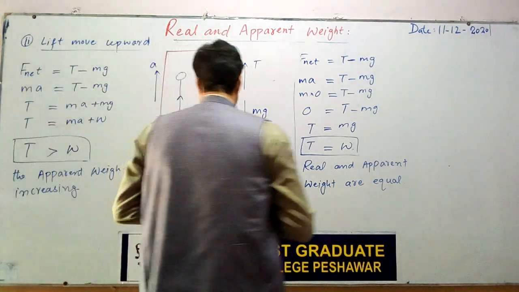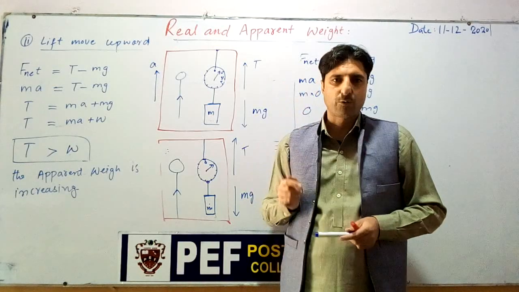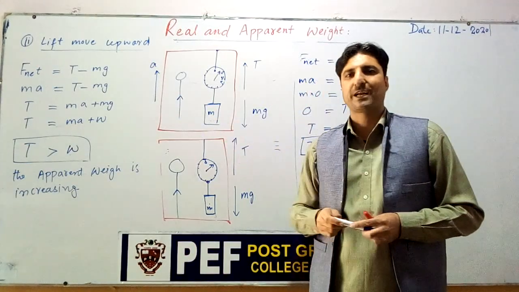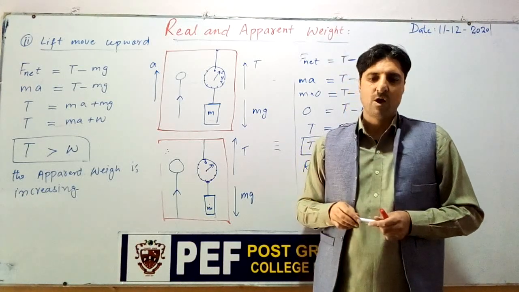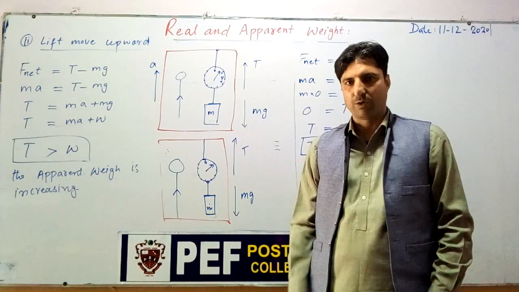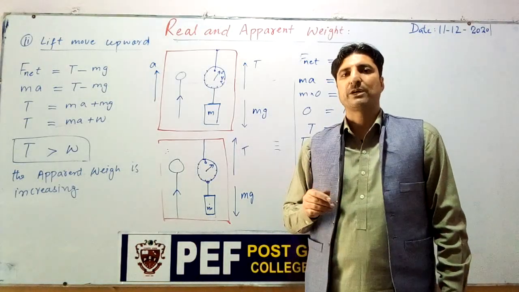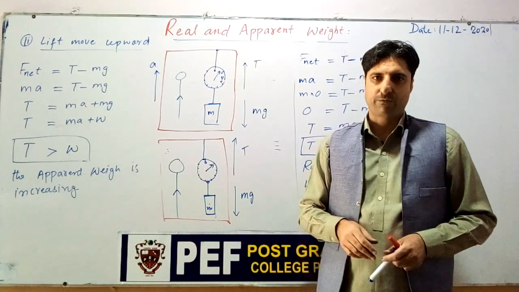Let me explain it once again. When the lift is moving in upward direction with certain acceleration, we will get F net equal to T minus mg, or T minus w. So by performing these calculations, we conclude that in this case the apparent weight will increase, meaning apparent weight will be greater than the real weight.